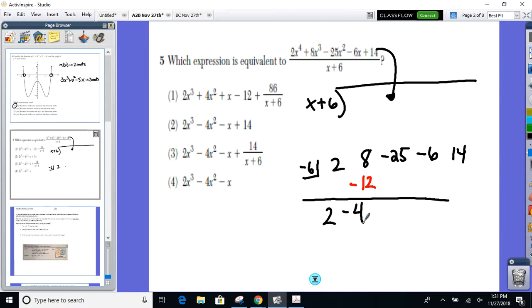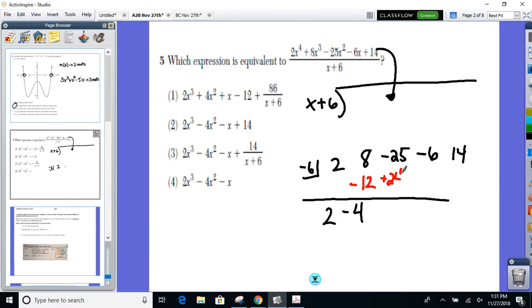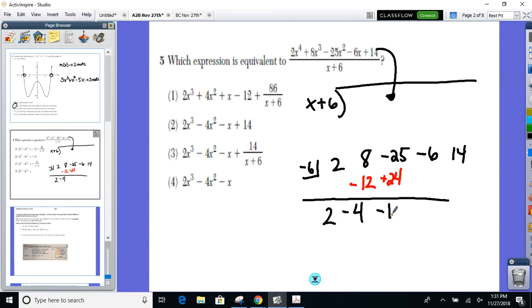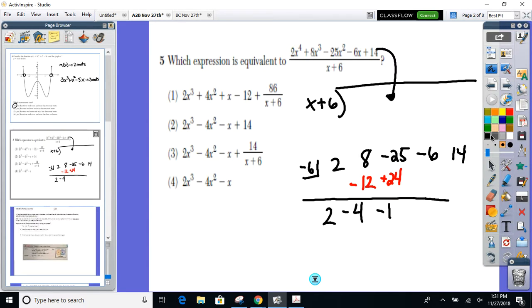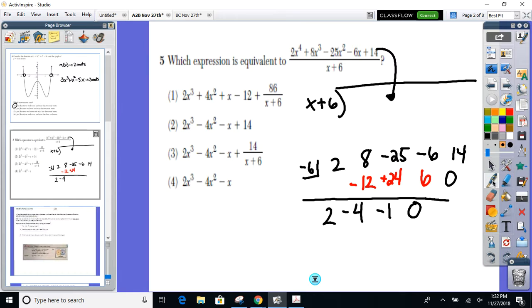Keep multiplying, and I'll get +24. So that'll give me a -1. -1 times -6 is 6. That gives me 0. Keep going. I get 0. And what's my last number here? 14. Yep.